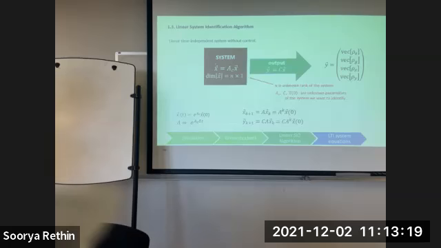But let's go to the actual core of the linear system identification algorithm. This is the classical algorithm of system identification for a linear time-invariant system. How do we use it?